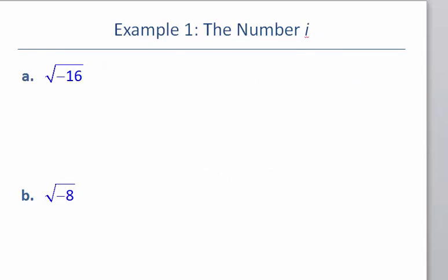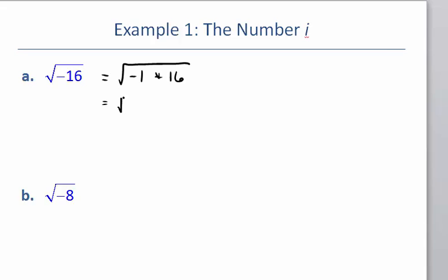So let's look at a couple of examples. We'll begin with the square root of -16, which is similar to the example that we just looked at. We want to think about the square root of -16 as being the square root of -1 times 16.